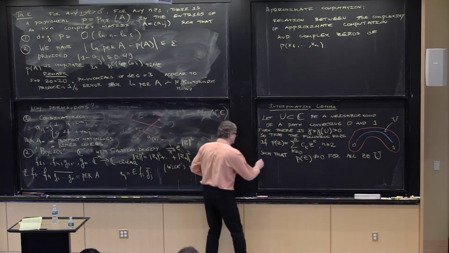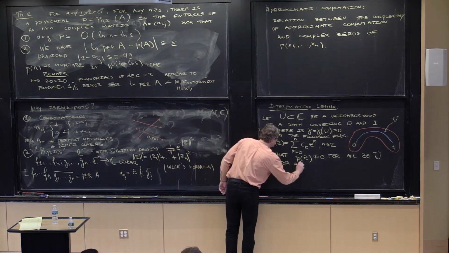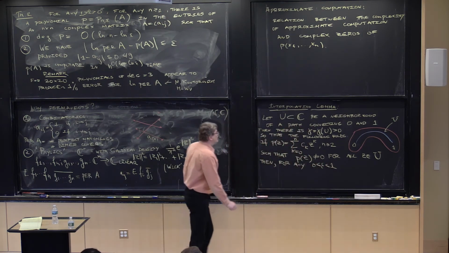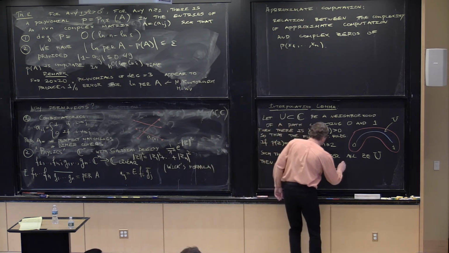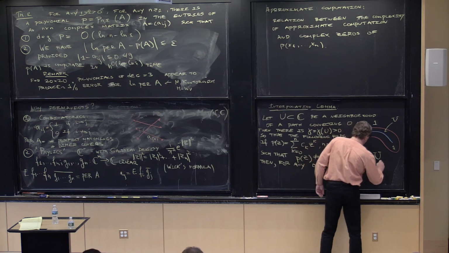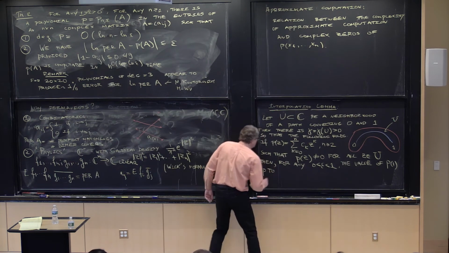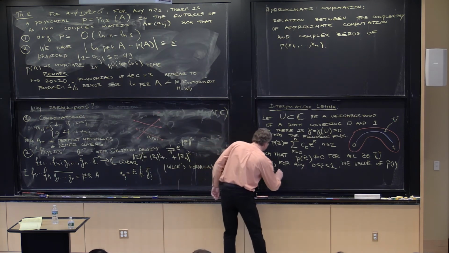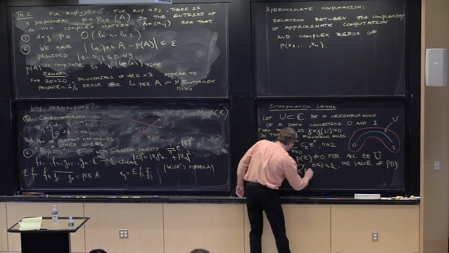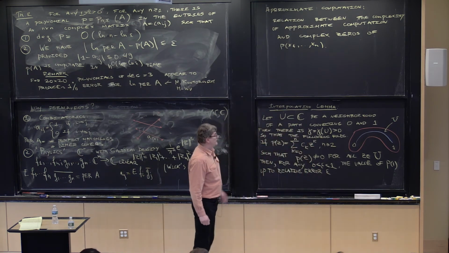Then for any epsilon between 0 and 1, the value of P of 1 up to a relative error epsilon is determined by the first very few coefficients.